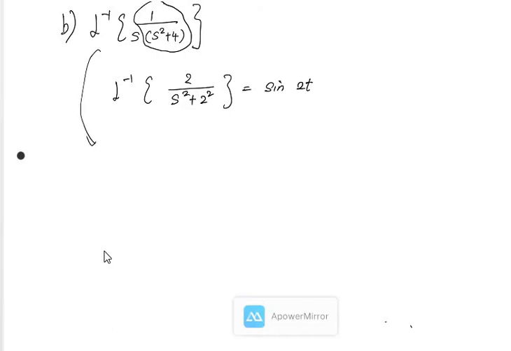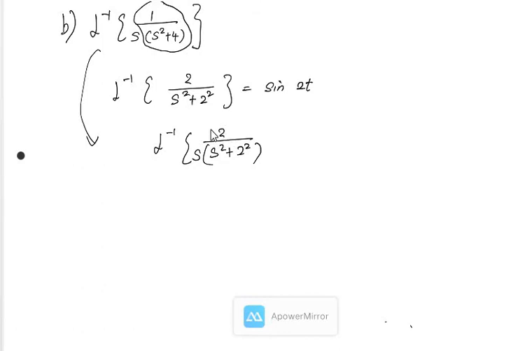So, to do this, the inverse Laplace transform of 2 over s squared plus 2 squared, this one is for sine 2t, right? So we still have the s here from the question, but don't forget the 2 here is extra.